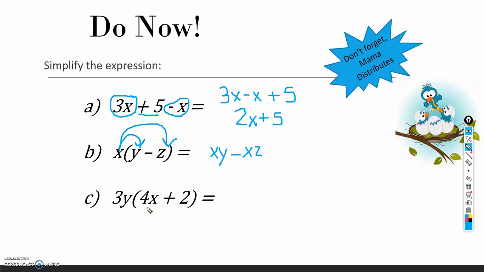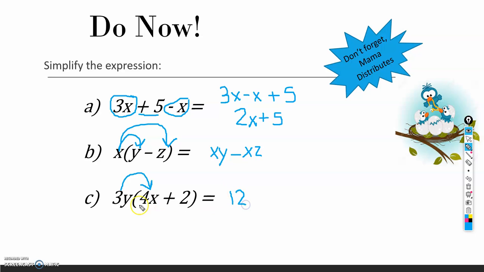So Mom is going to distribute down to C. Mom will distribute evenly. Now it looks like Mama Bird has gained a little weight. We've got a 3y here. Don't let that trip you up. Remember that a y is just a number we don't know, and since we don't know it, we're not going to mess with it. We'll just say 3y times 4x. Well, I know that 3 times 4 is 12.